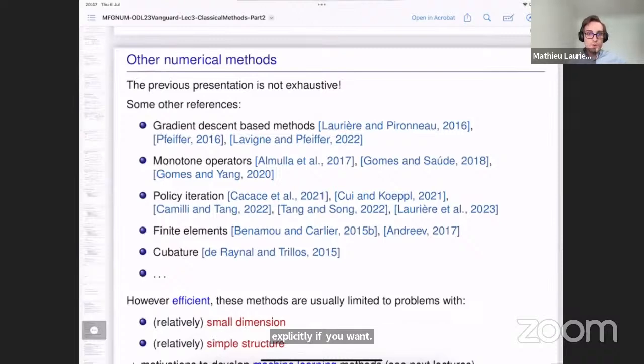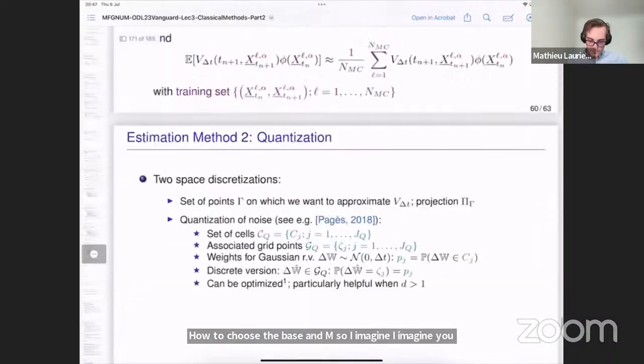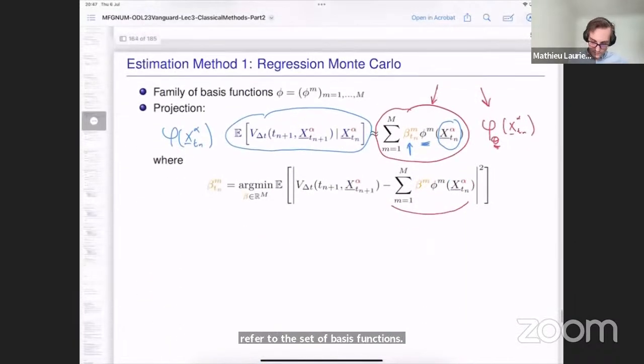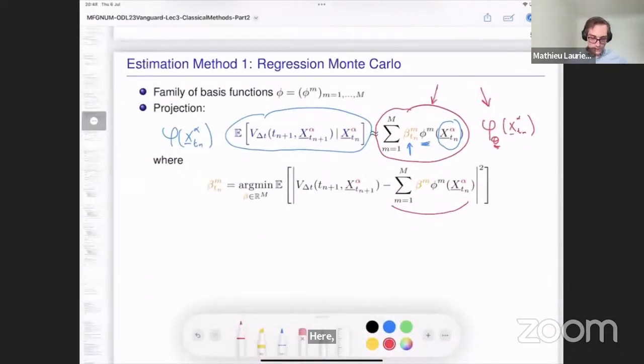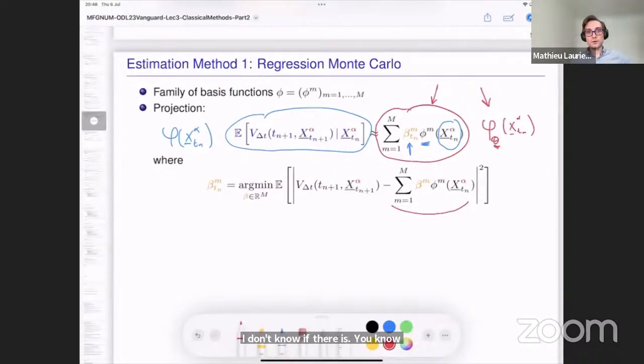How to choose the basis and M. I imagine you refer to the set of basis functions. Here, yes, there is a set of basis functions, and there is capital M, which is the number of basis functions. That's a very good question. I don't know if there is a good general answer. I think it's very problem dependent.